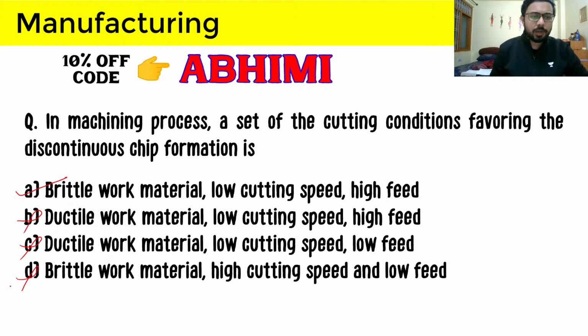And remember, ductile material gives continuous chip, not discontinuous chip. And discontinuous chips, we discussed, are better, because it means better machining is done. These are the conditions that you have to remember. There is nothing that you can just think about and answer. These things you have to remember and then answer.